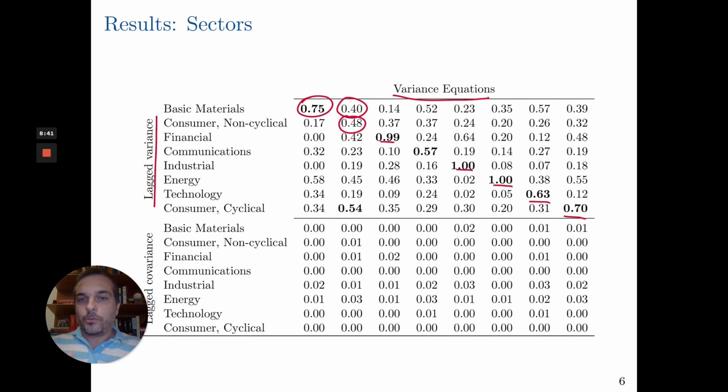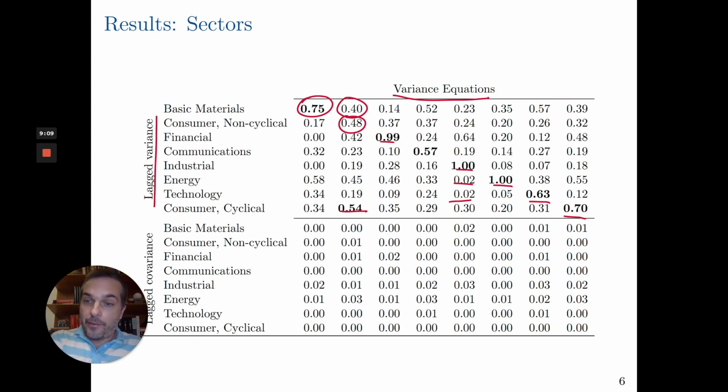It goes from 20% to 50%. In some cases they are very small, but can be large, like consumer cyclical past variance affecting consumer non-cyclical variance. But overall, what we can see here is that past variance is important to predict future variance.